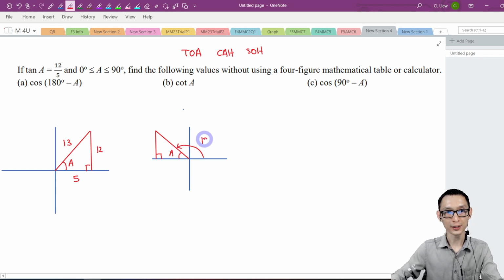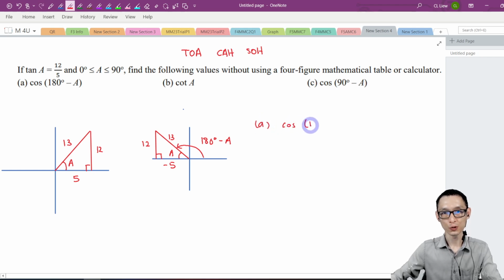Here is 180 degrees minus A. So this is 12, here will be 12 as well. And this is 13, here will be 13 as well. But here you have to be more careful. This is 5, but it is on the left hand side of the y-axis, so I'm going to write negative 5.